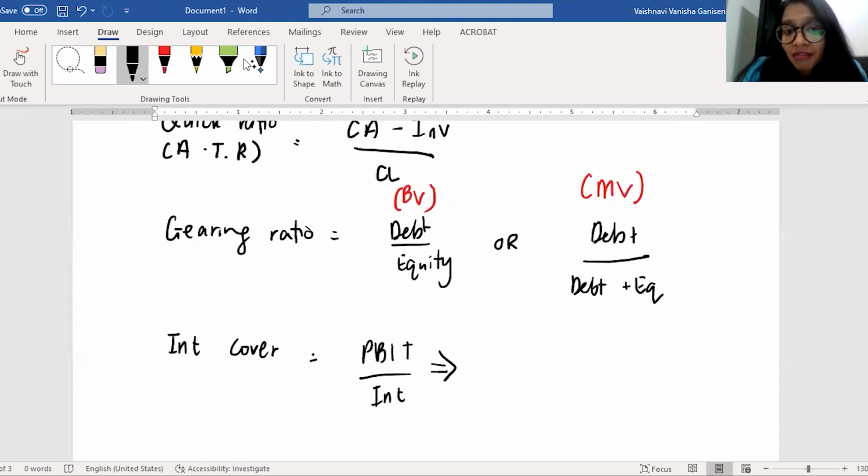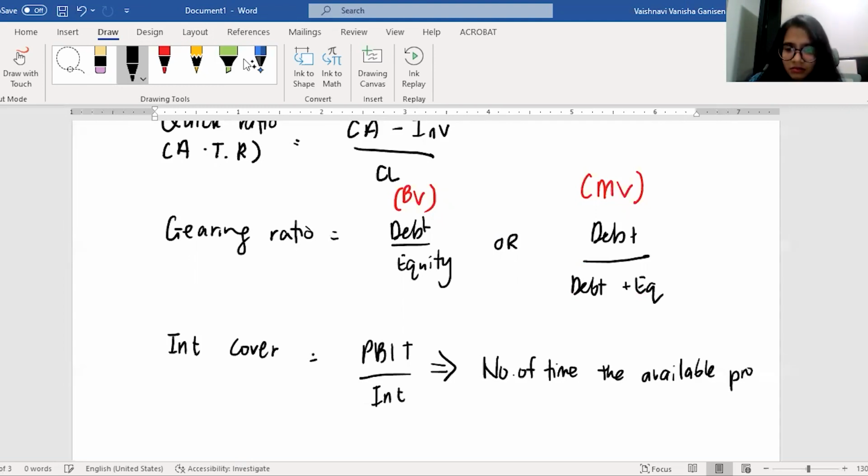The more profit I have, the better for my organization, because when I have more profit, I can pay out interest more frequently than I expect. So this one is the number of times the available profit can pay out interest.